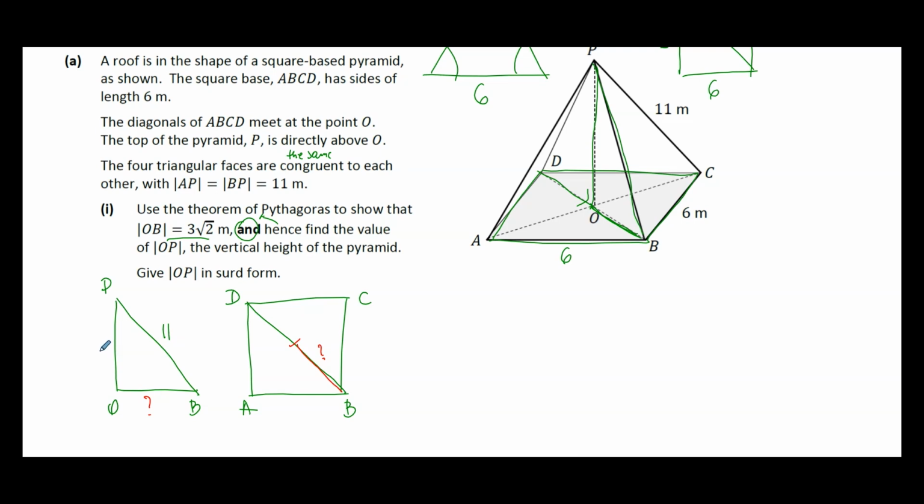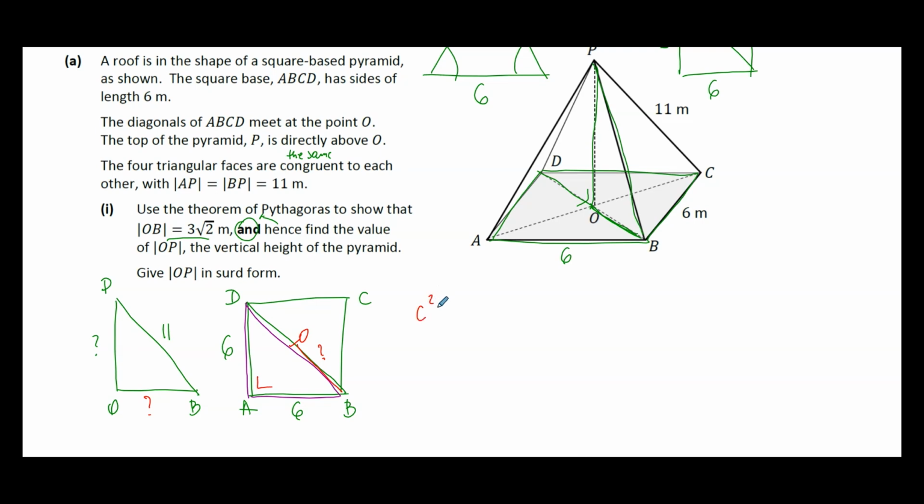But I don't know PO. Actually, PO is something I need to find, and I'm going to find it second, after I find OB. But here, that is 6, and that creates a right angle triangle. So there it is, I can find the OB I'm looking for. That's the reason why they say use Pythagoras, because we have a right angle triangle here.